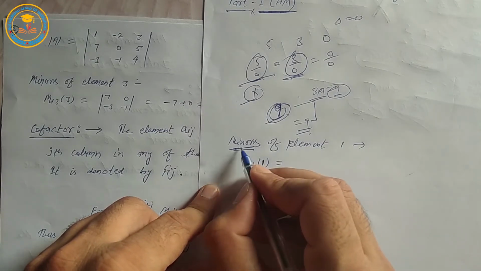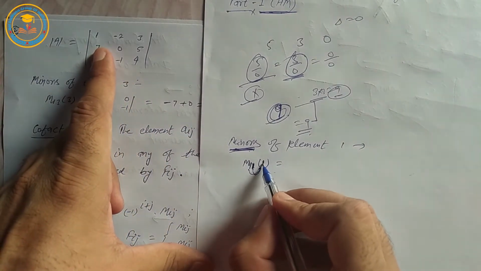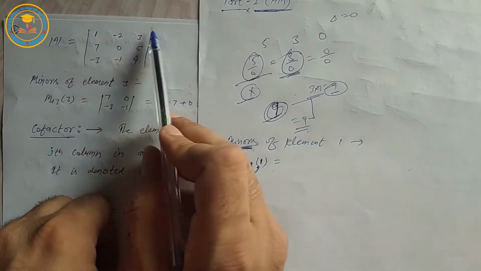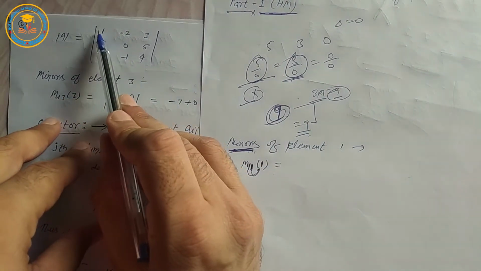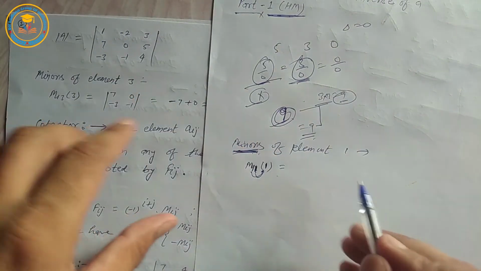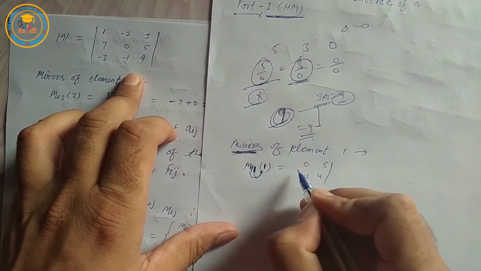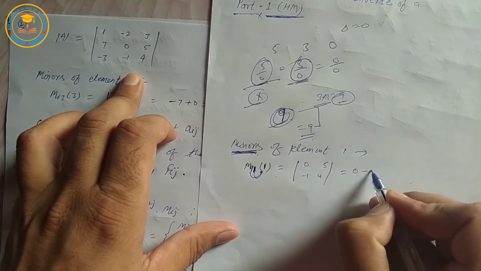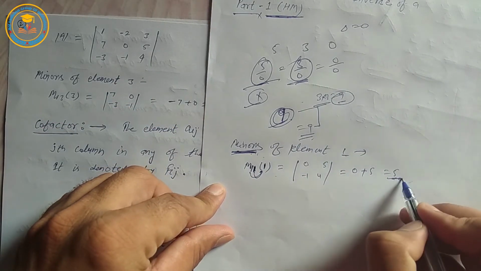Minor of element 1 means leaving the corresponding row and column of element 1, that is 0, 5; minus 1, 4. It is equal to 0 into 4, 0, minus 5 into minus 1, minus 5. It means plus 5, which is equal to 5. Minor of element 1 is equal to 5.